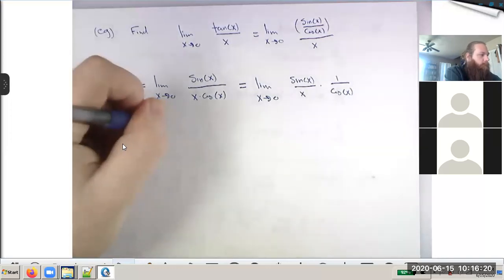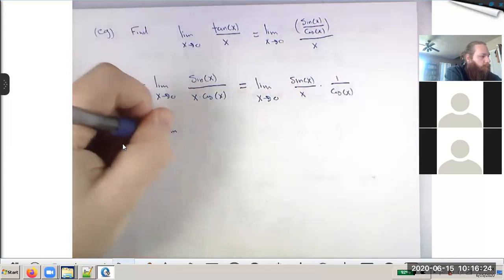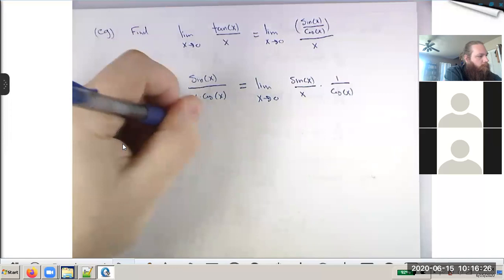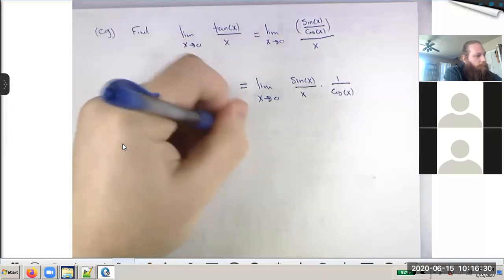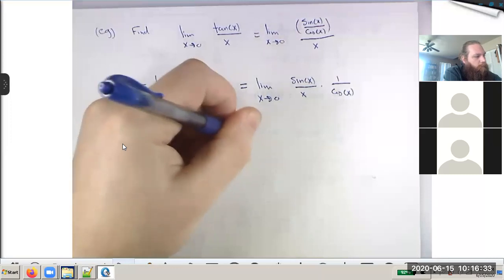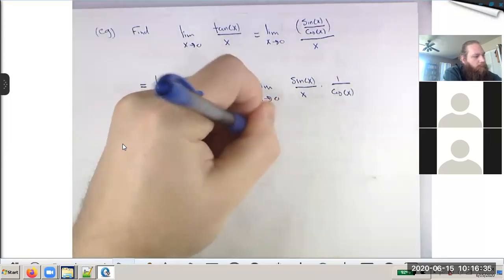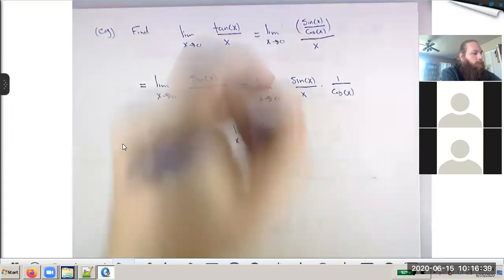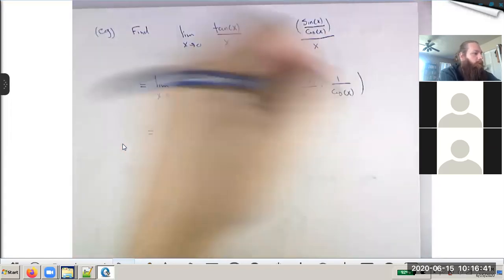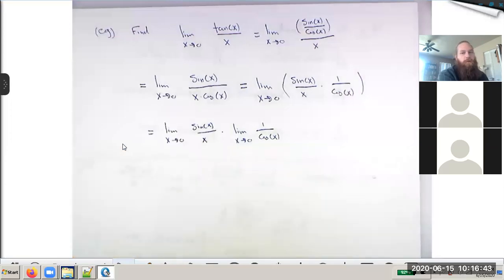So in other words, I can treat this as this times, I'm just using my limit laws here, right? I can take the limit of each piece separately. So the limit of this product is the same as the product of the limits.